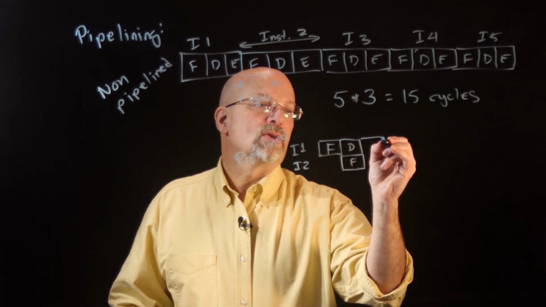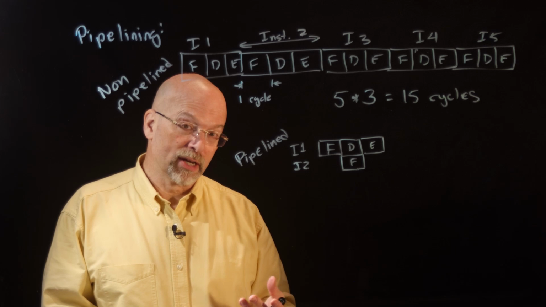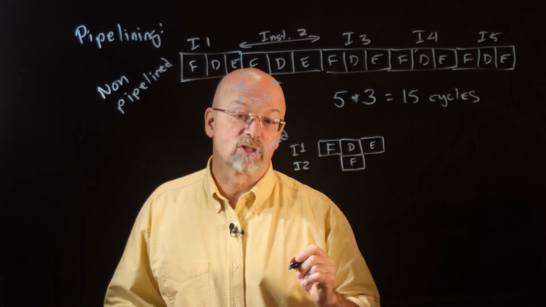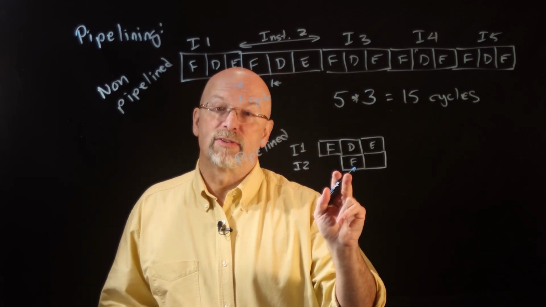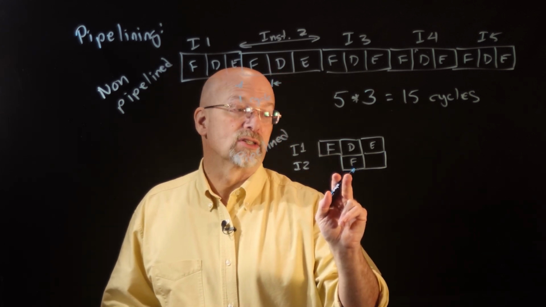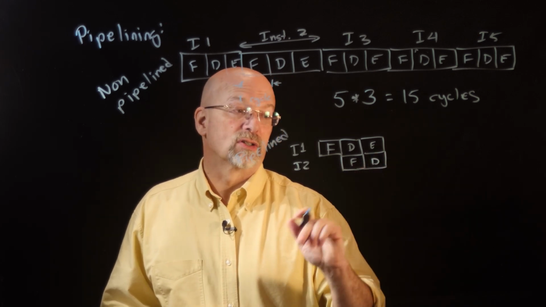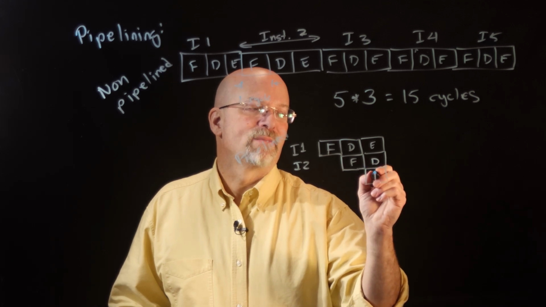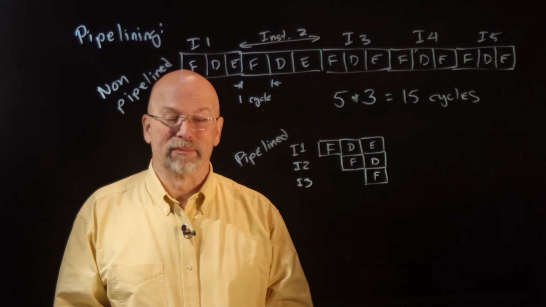Once the decode is complete, the instruction decoder passes along the information to the ALU and to the registers in order to execute this instruction. By then, the bus interface unit has finished fetching the instruction, so it passes the fetched instruction along to the decode unit, and the instruction decoder says, by the way, here's the instruction pointer pointing to instruction 3.